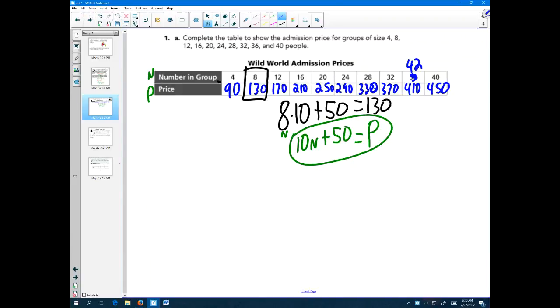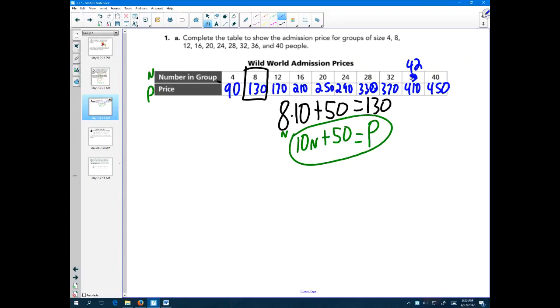Okay, and could I have just copied 90, 130, 170, 210, 250, all those going up? Why not, Isabel? You shook your head no right away, why not? Can someone tell me why you can't just copy those down?